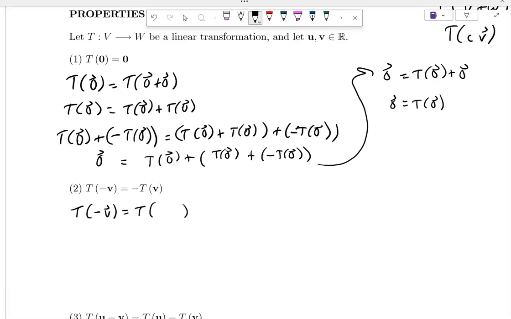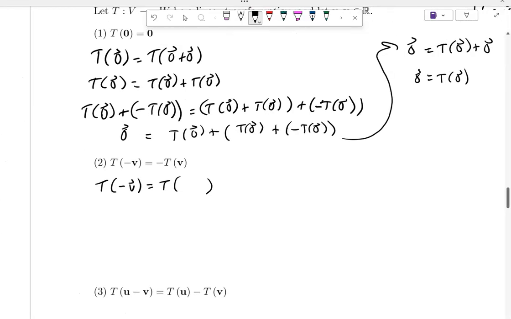How could I rewrite the additive inverse of v using a scalar multiplication? Yeah, negative. Ooh, hey, that was fun. I can do a negative 1 times the v, right? We already know that the scalar negative 1 times the vector v is the additive inverse of v, right? And then what can you do with the scalar? Bring it out in front.